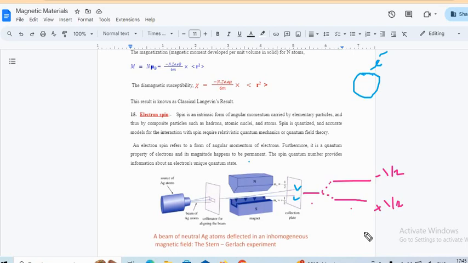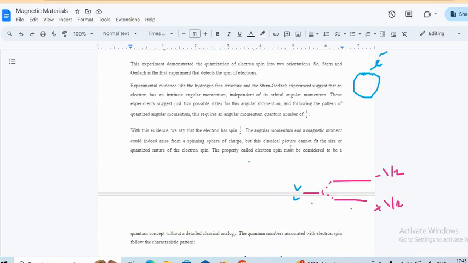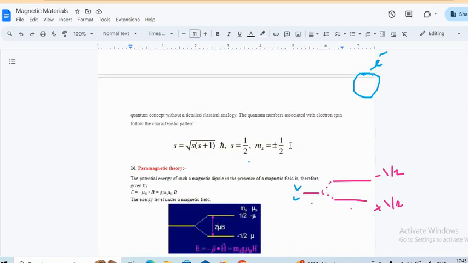Now when you have spin, it is obviously an intrinsic property, and all the things need to be modified for the magnetic materials. So paramagnetic materials were explained.